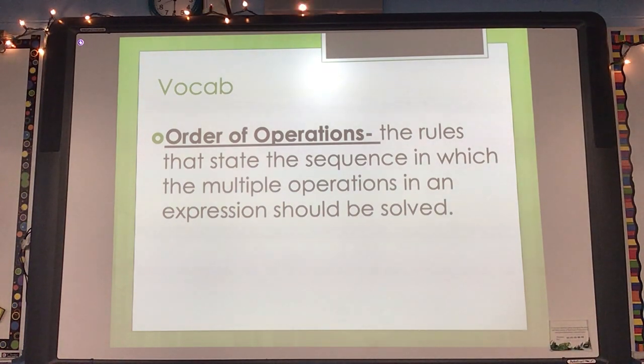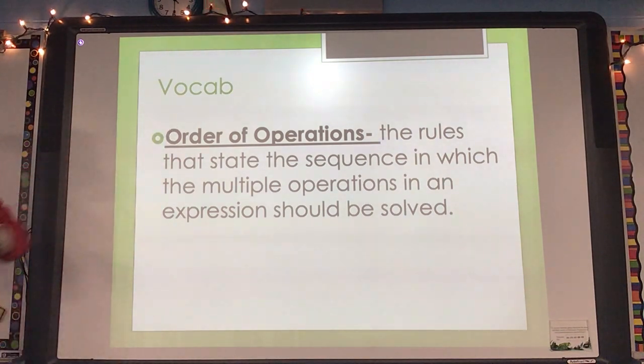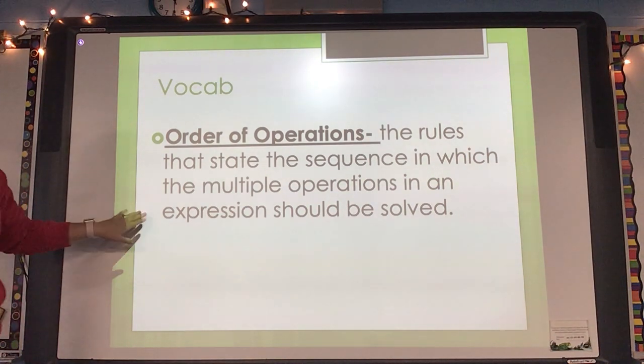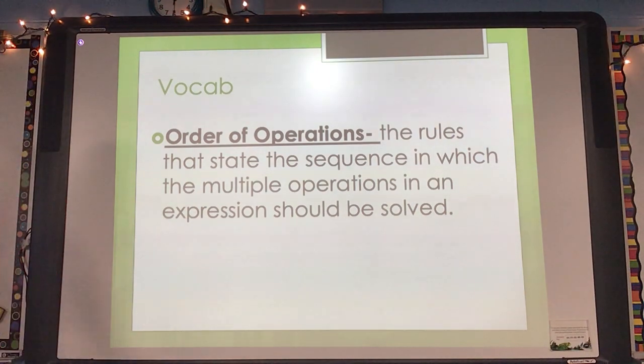I'm going to give you a second to finish writing your vocab word because I have some friends who are not being active learners. Write your vocab word in your math notebook now. Order of operations. That problem that you just did with me, that was an expression. Our word from yesterday.